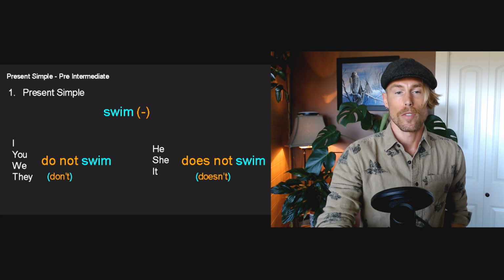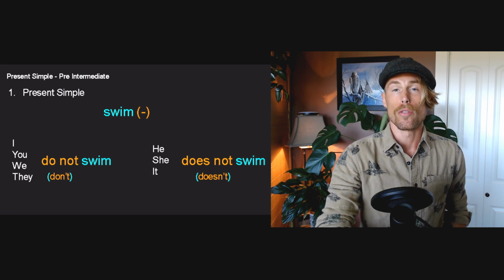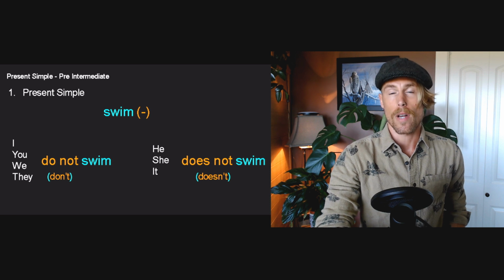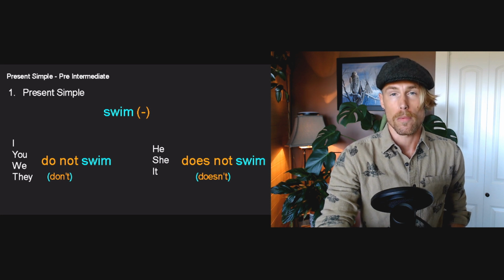I, you, we, they do not swim. Or I do not swim, you do not swim, we do not swim, they do not swim. I don't swim, you don't swim, we don't swim, they don't swim. It's the same.